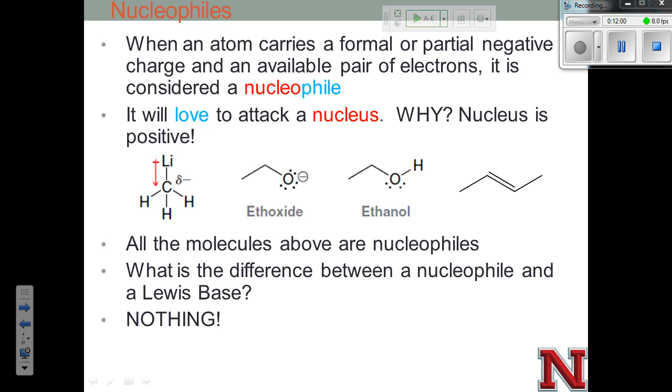How will it react? Now this, even though we have a partial positive carbon, is unlikely to ever act as an electrophile because this is already negative, so it's going to repel any electrons that are trying to come to it. Also, for an electrophile to attack this, we have to have a leaving group, otherwise it would have 5 bonds to carbon, and that would leave us O-2, very unstable.